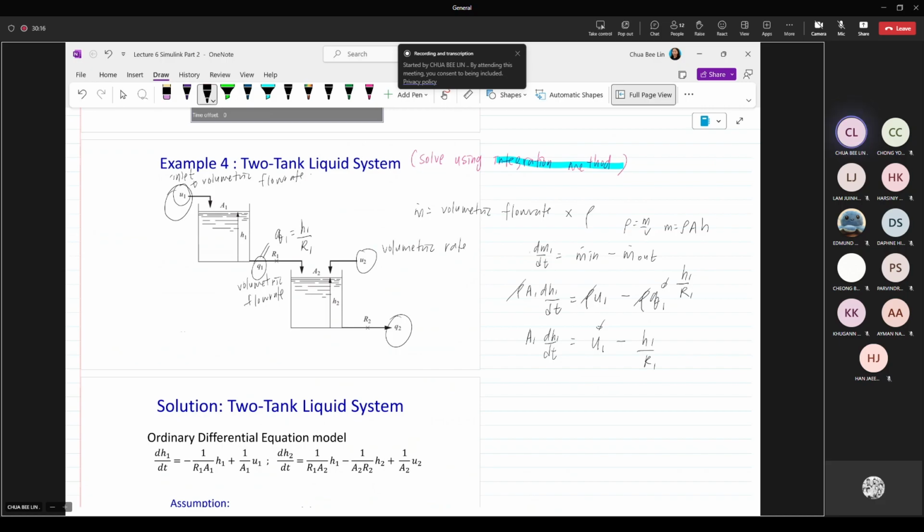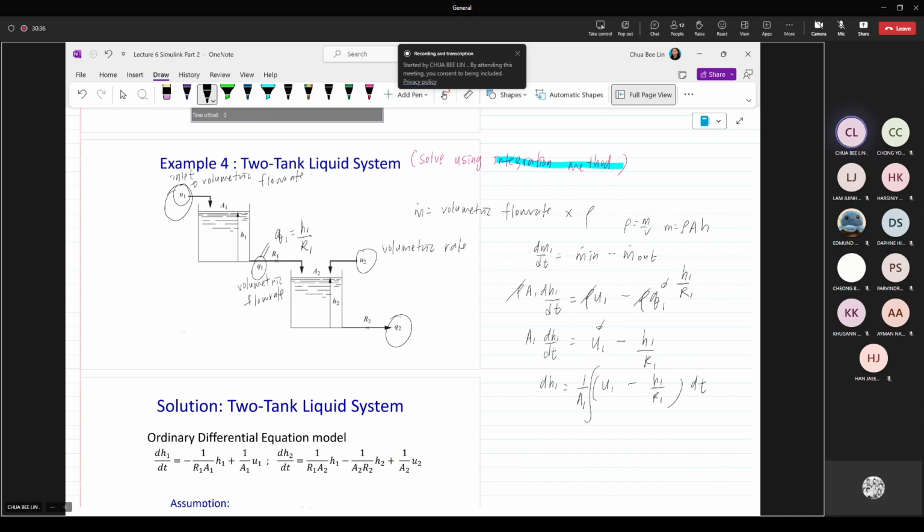Then you will have only dH1 over here. The rest you will move to the other side, meaning that you'll be having U1 minus H1 over R1 in brackets equivalent to dt. Then you'll be having 1 over A1. Then you integrate.